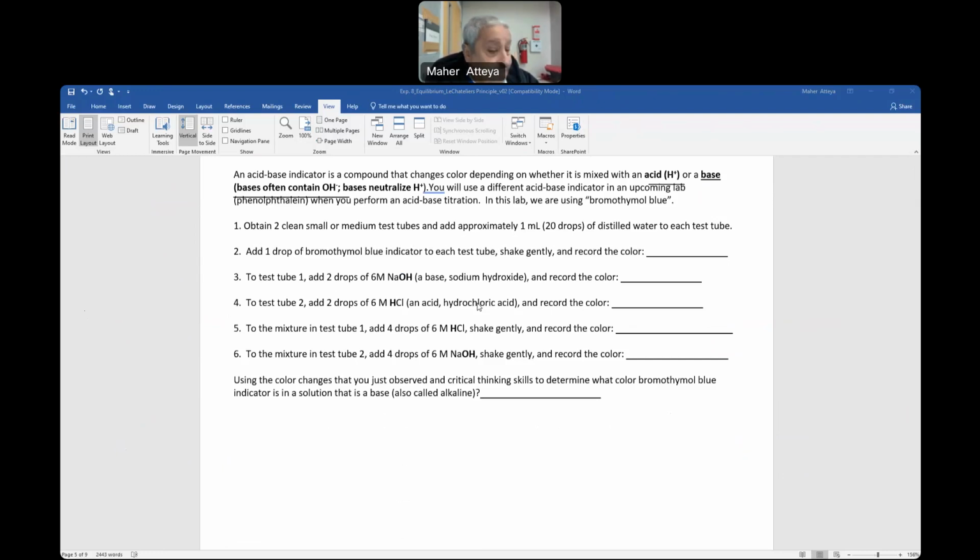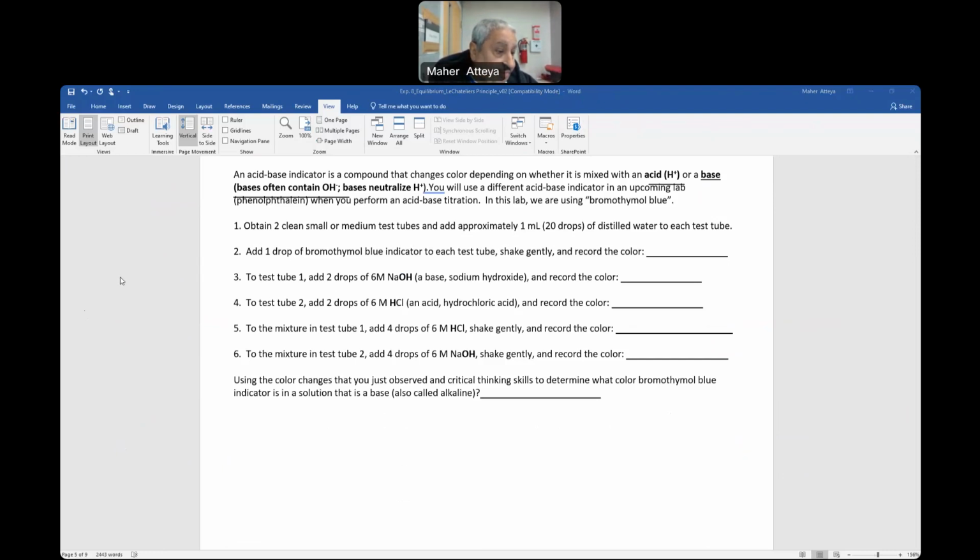So this is what happens with litmus paper, the same thing as with the indicator. In your drawer, you have two types of litmus paper. Let me take this one here.